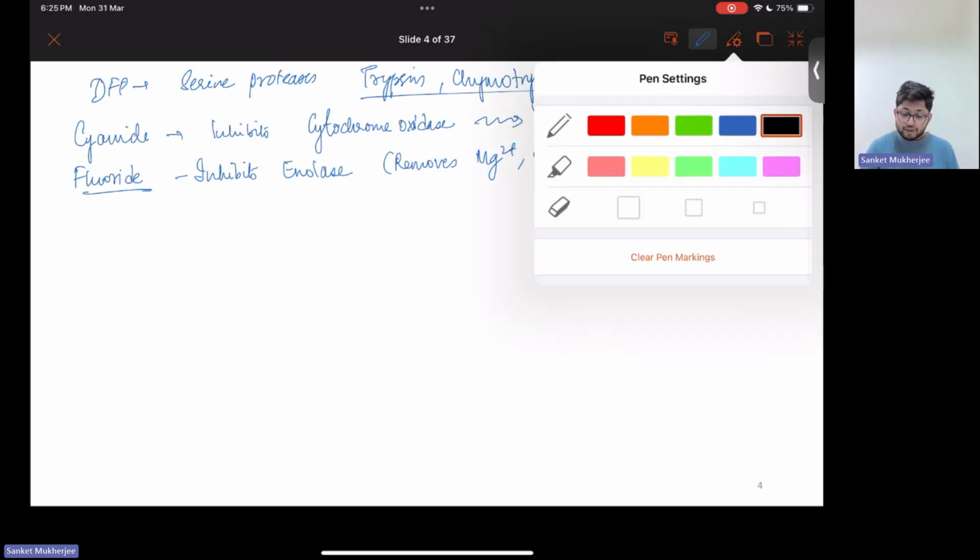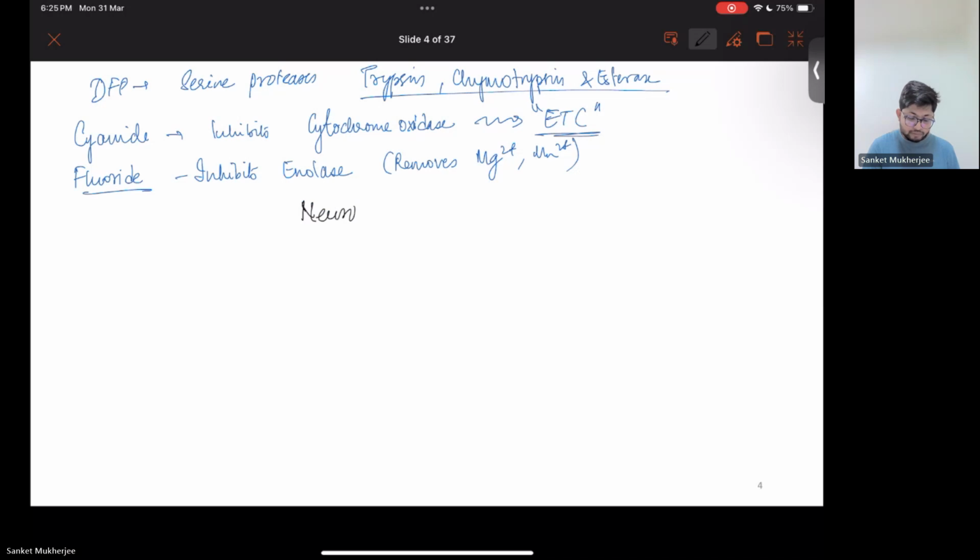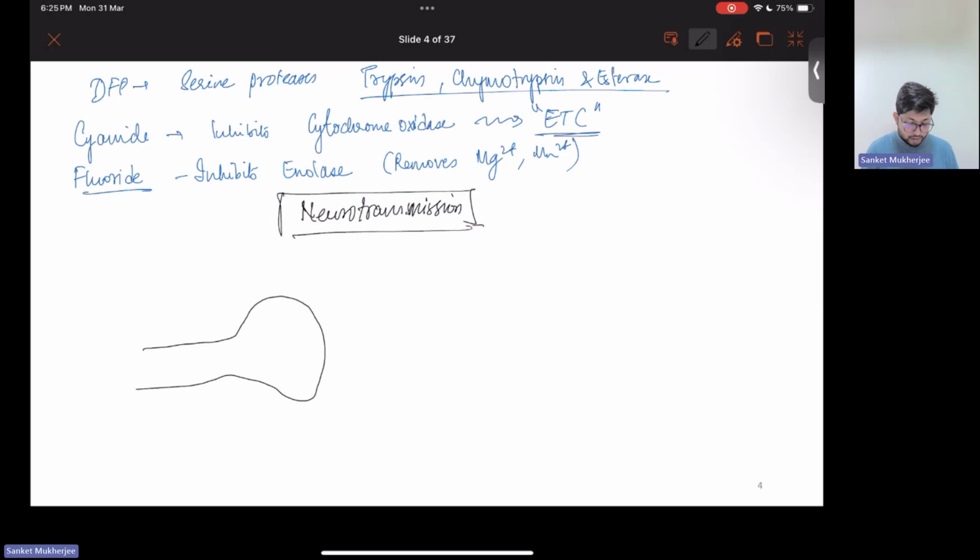So if we talk about neurotransmission, how does that work? So there is a neuron. And then there is a postsynaptic receptor. Fine.